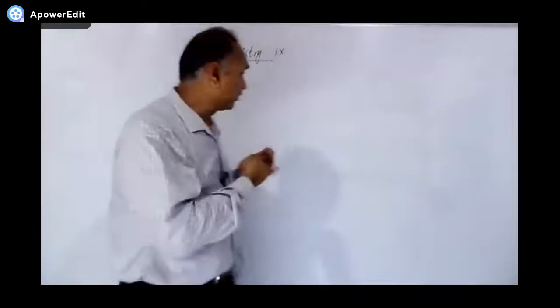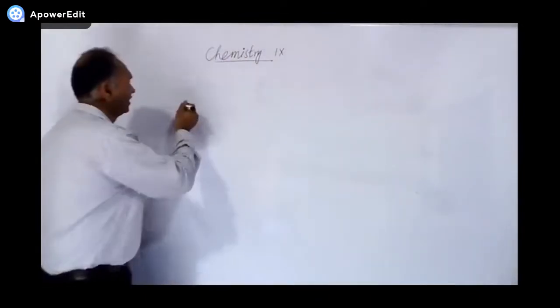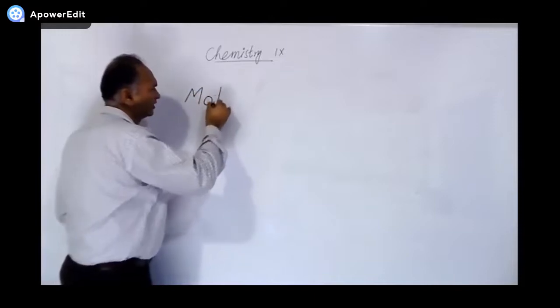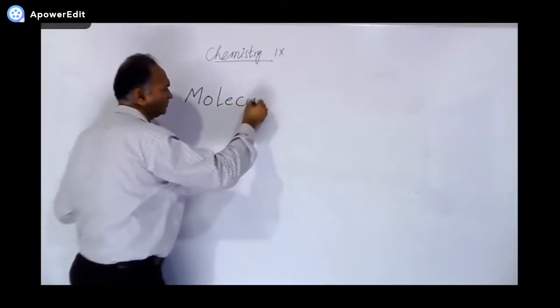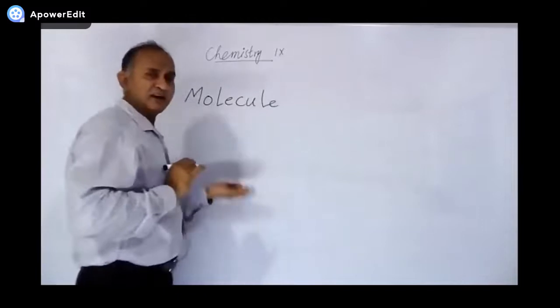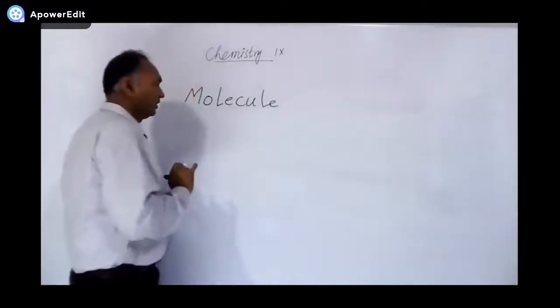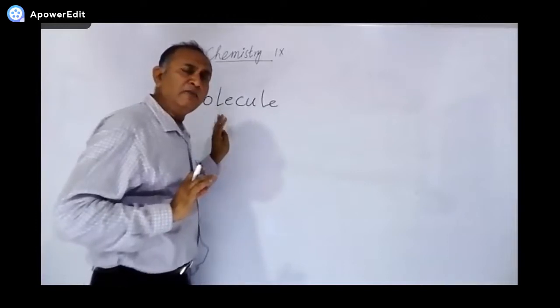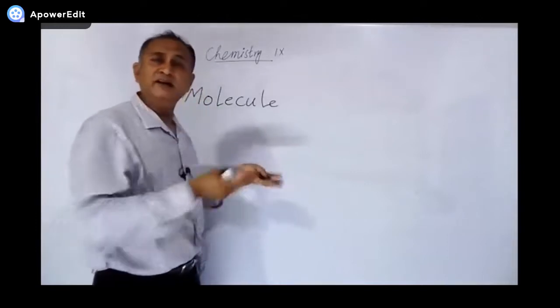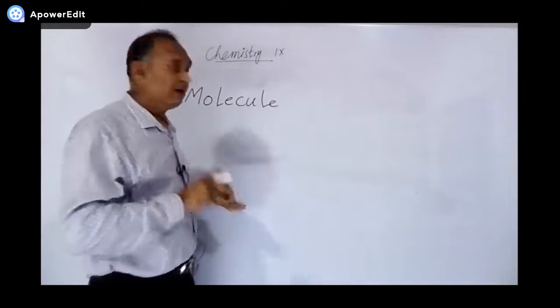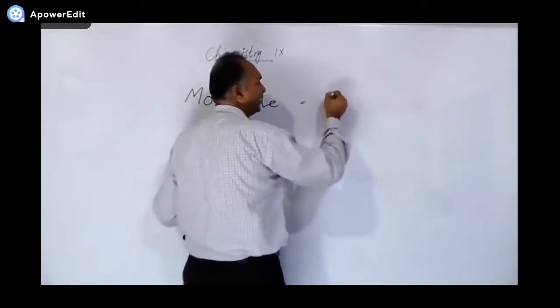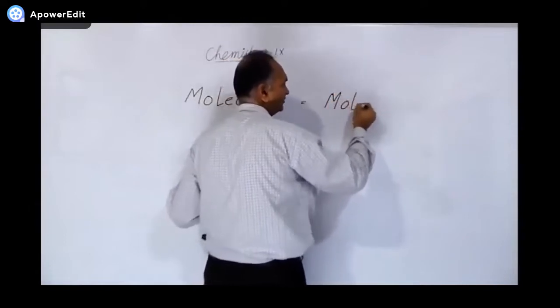So what have you just studied? A molecule is formed when sharing occurs. So if a molecule is formed, like water, like sulfuric acid, then the mass of that molecule is called molecular mass.